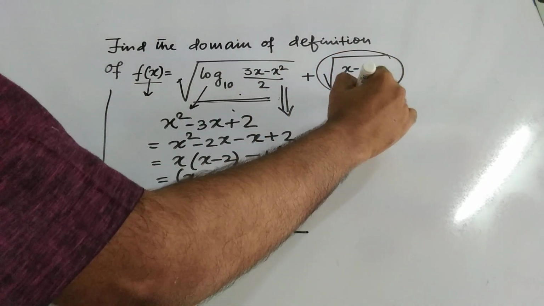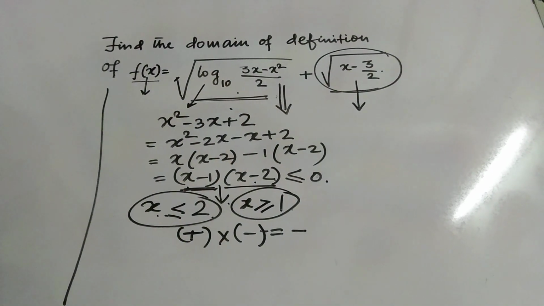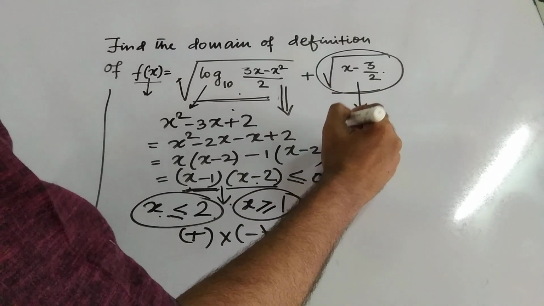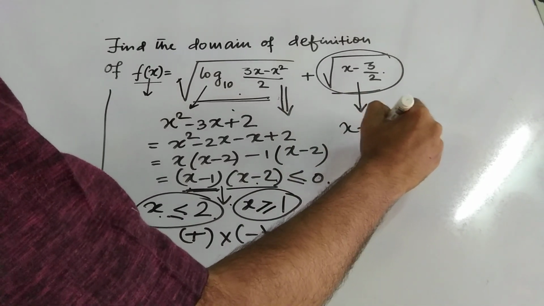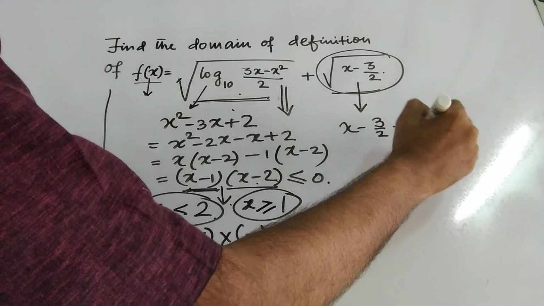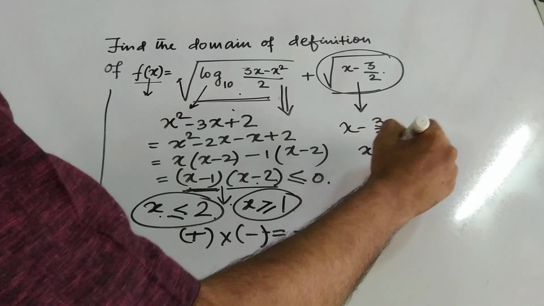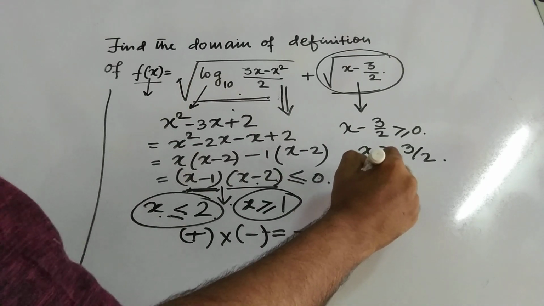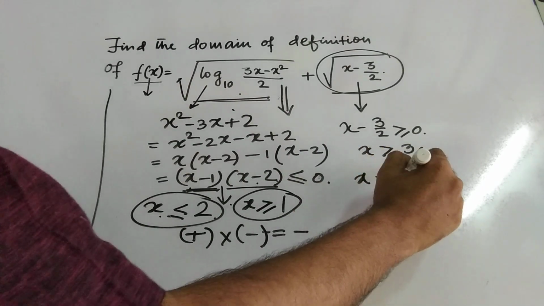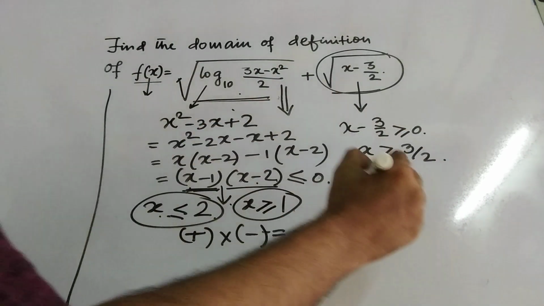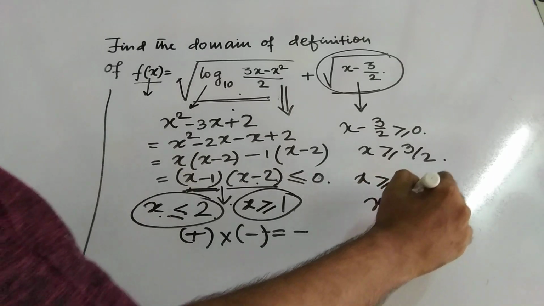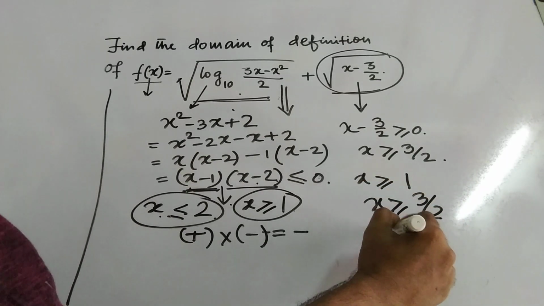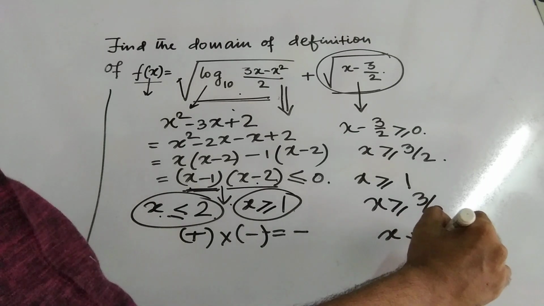Now let us consider this expression, square root of x − 3/2. For it to be real, x − 3/2 must be greater than or equal to 0. That means x is greater than or equal to 3/2. Now if you can see, x is greater than or equal to 1, x is greater than or equal to 3/2 and x is less than or equal to 2.